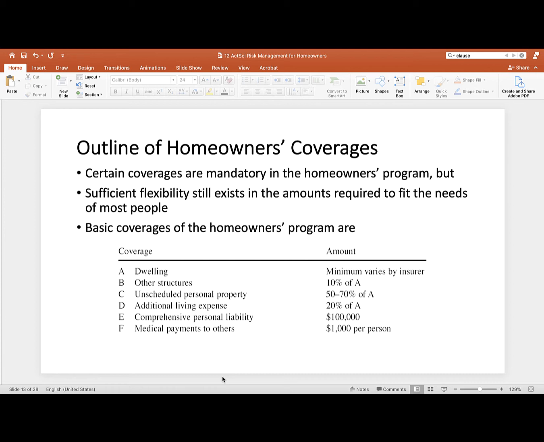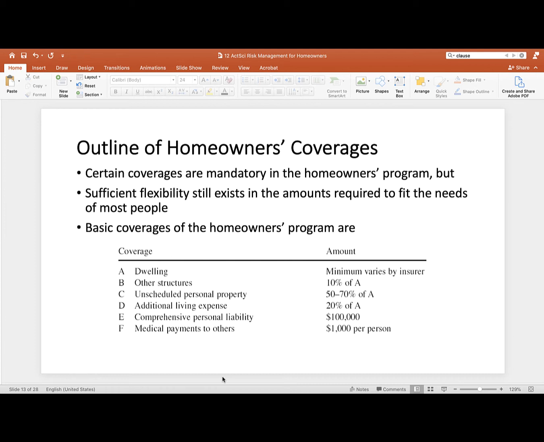I had a property which I was renting out, and I wanted the insurance just for the building. I wasn't interested in the contents because after the tenants leave, I'll just buy new furniture.